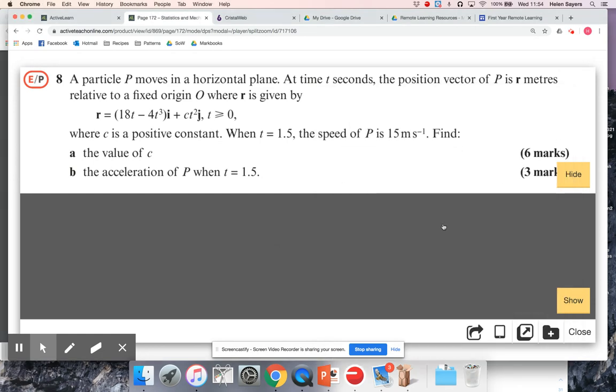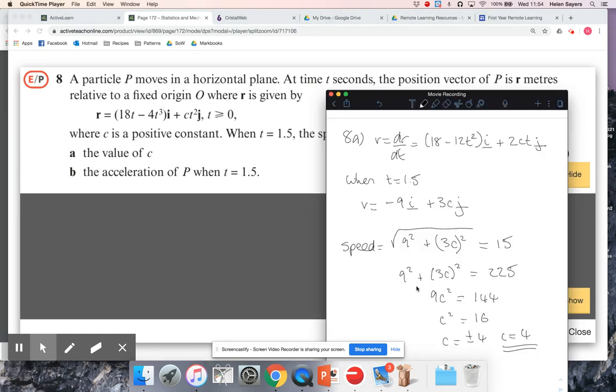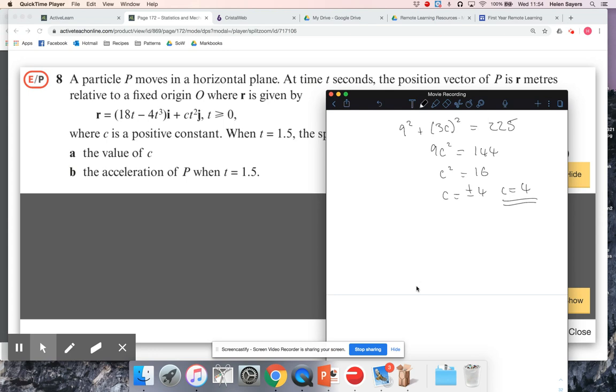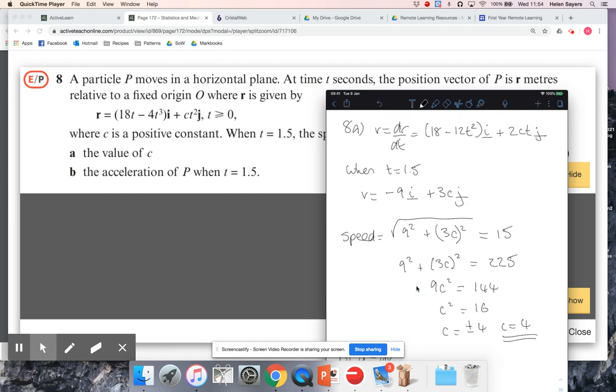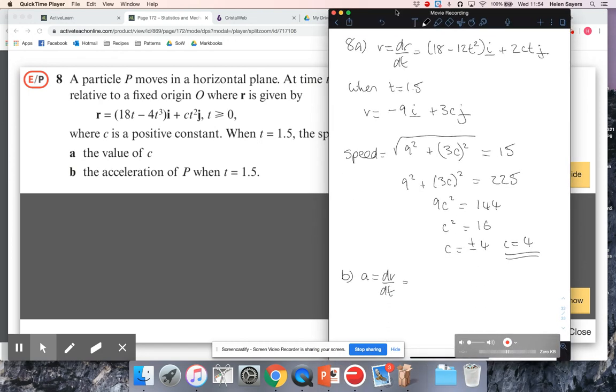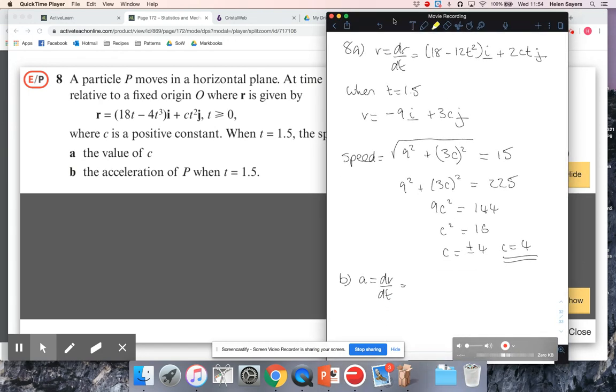Okay, and then this next bit is only worth 3 marks, so I'm expecting this to be a little bit shorter. Okay, so find the acceleration. So the acceleration is going to be the differential of velocity, and I can just about see it on the same page. So I am differentiating velocity.